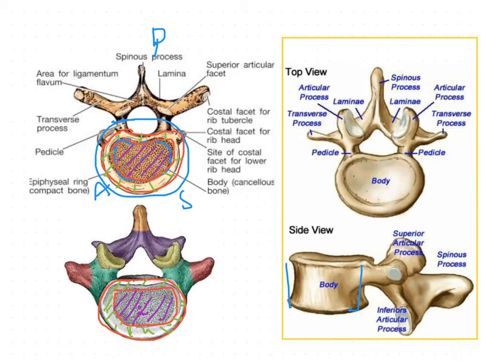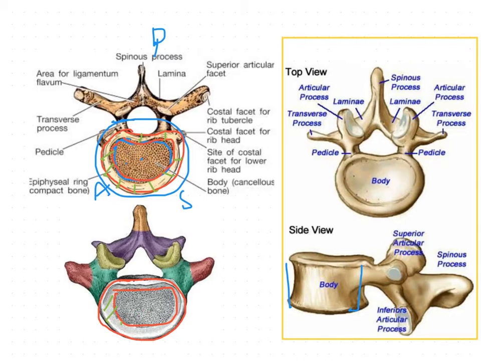Now we will move on to the neural arch, or the vertebral arch. The neural arch is divided into the pedicles and the posterior elements. When you compare the vertebral body and the vertebral arch, the vertebral arch is more complex because it has many projections.